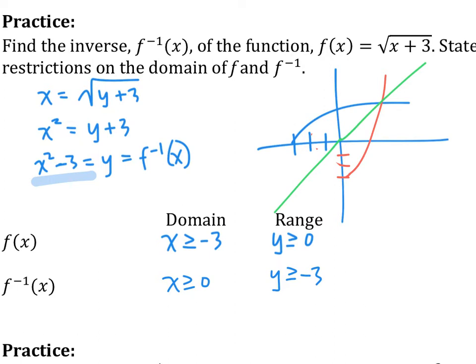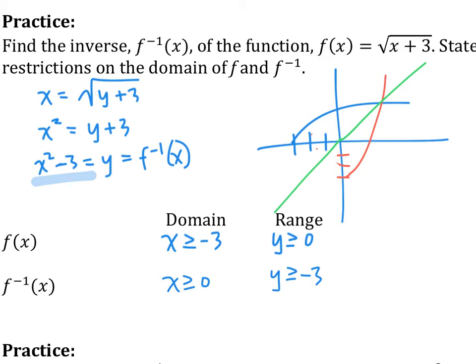The last way to think about this is you cannot have more numbers than you started with, right? So if your original graph is only this much, when you flip it over, you cannot all of a sudden have another part of the graph that didn't exist before. If it had to have been a parabola, then you should have had this other part of the sideways parabola to begin with, which you didn't.